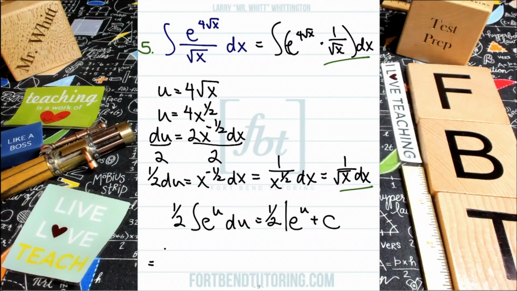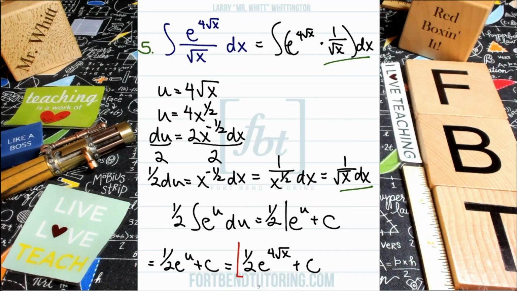Simplifying, you'll have 1/2 e to the u plus c, and then doing your back substitution, you'll end up with 1/2 e to the 4 times the square root of x plus c, and this is your answer. Red, box it, people. Just like that, with a Euler's number example. How about that? Not bad, huh?